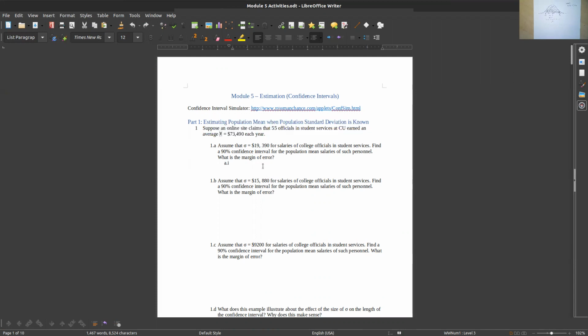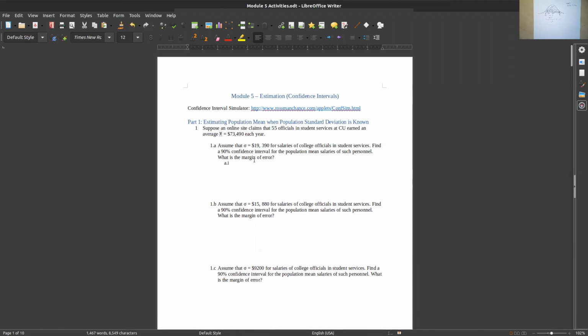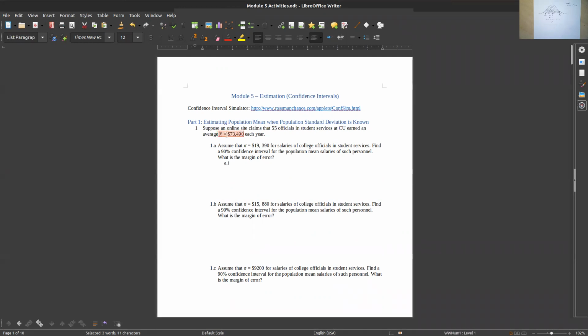Let's use our numbers that were given. We are taking a sample of officials that work in student services. We take 55 people and we find their average salary, $73,490.